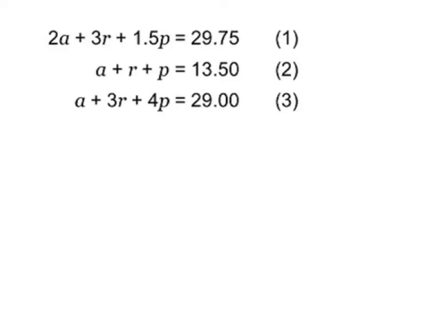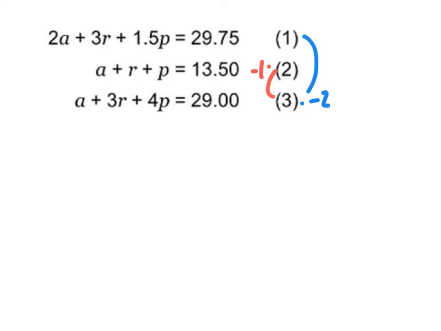Let's just eliminate the A's for right now. So I'm going to get rid of the A's. I'm going to multiply negative 1 by 2 and add it to 3. And then I'm going to multiply the third equation by negative 2 and add it to 1.